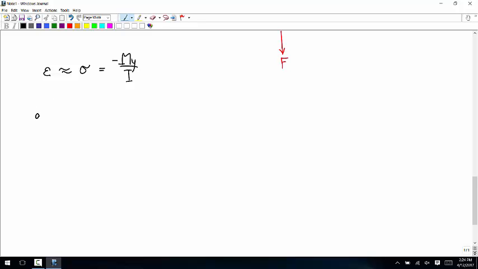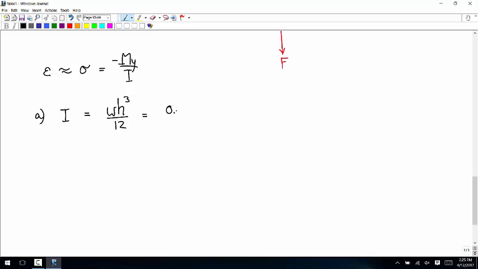Okay, so for part A, the formula for that: I is equal to the base, or width, times H cubed over 12.